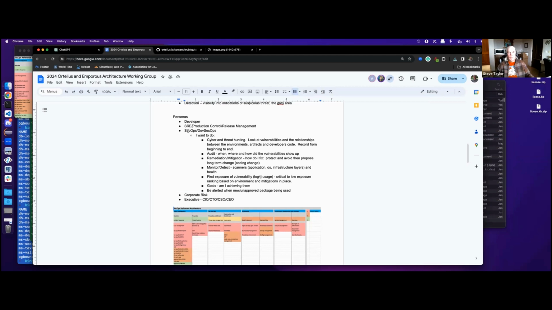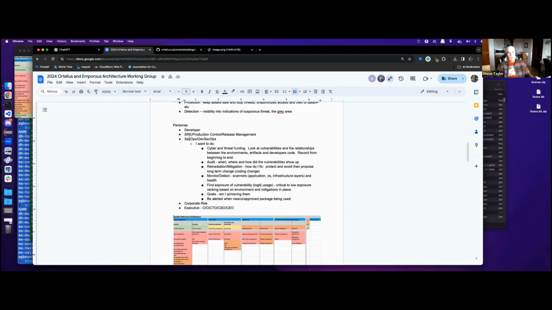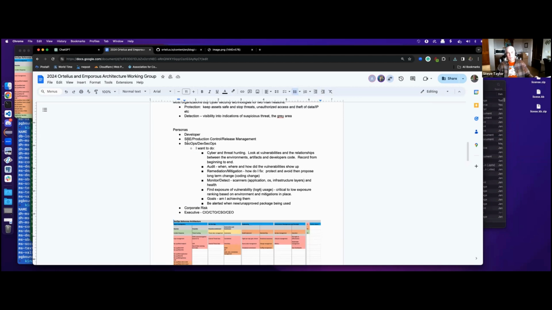So from an SRE, production control, release management persona, I've done this role before, and we really don't worry about security, believe it or not. We just take things from the developer and get them out the door.